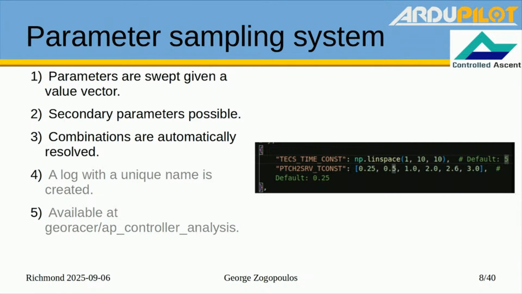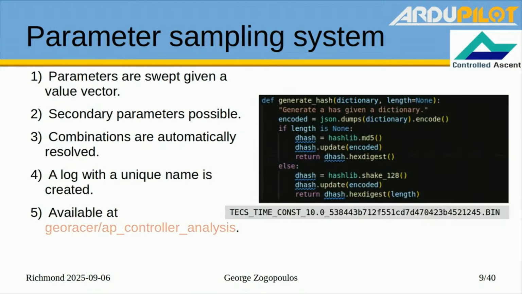So this sample ends up being 10 times 6, 60 times this mission. Each mission, for recoverability purposes, gets a unique name which starts with a primary parameter and its value that is being swept, and also a hash, which basically corresponds to the exact different custom parameters that were run.